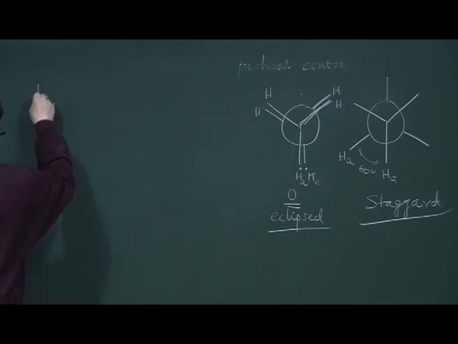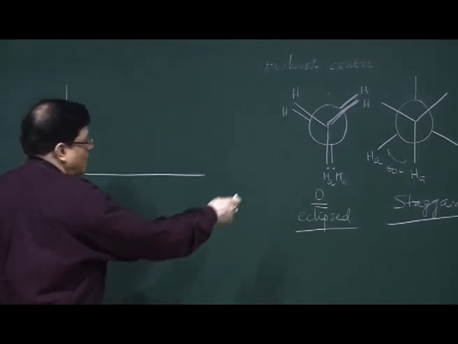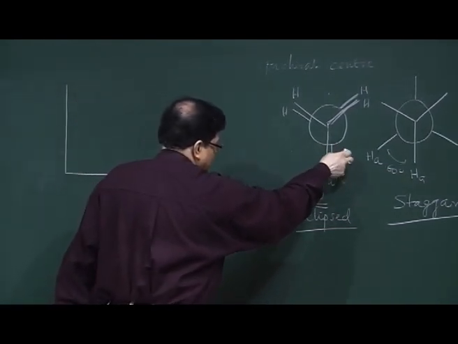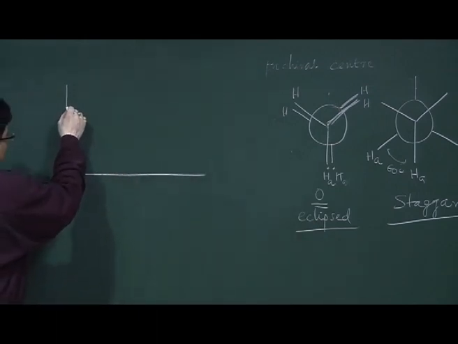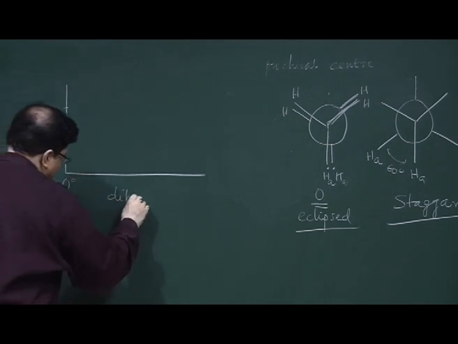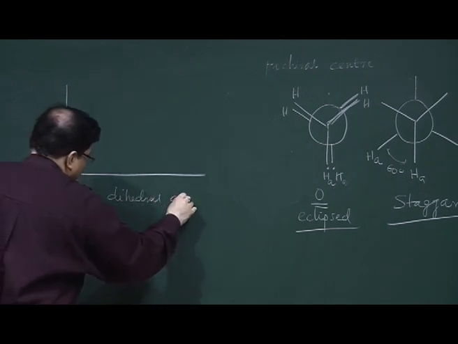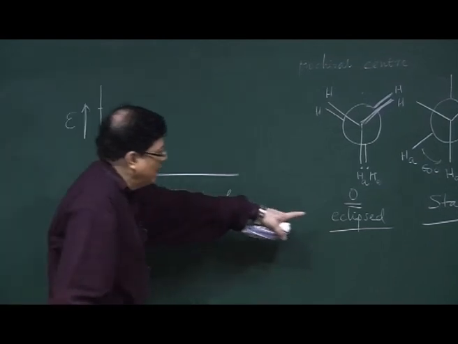an energy versus dihedral angle, suppose we start from this eclipsed form. So, here the dihedral angle is 0 degree, dihedral angle versus energy. So, what will happen to the energy? The eclipsed form has the highest energy.